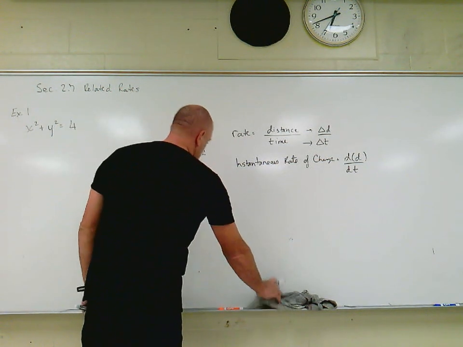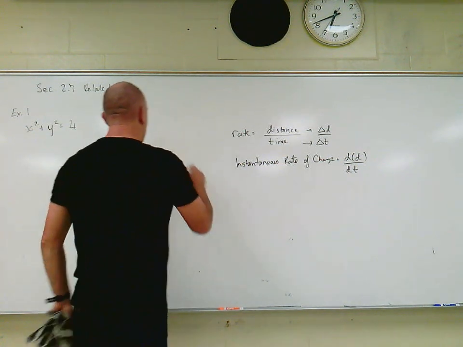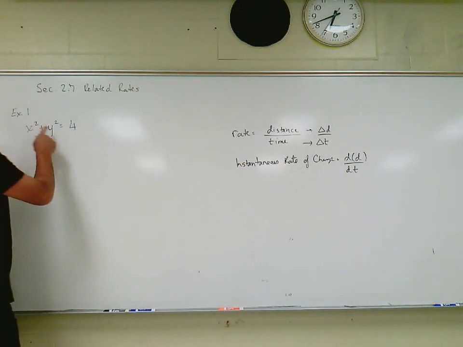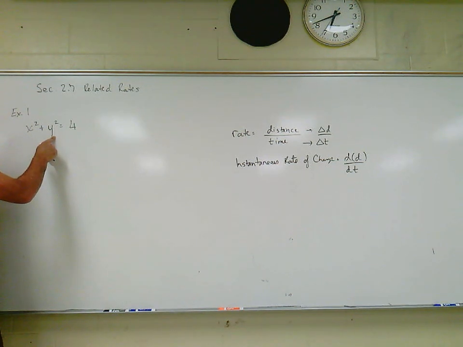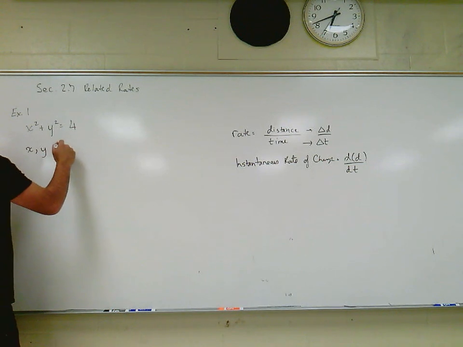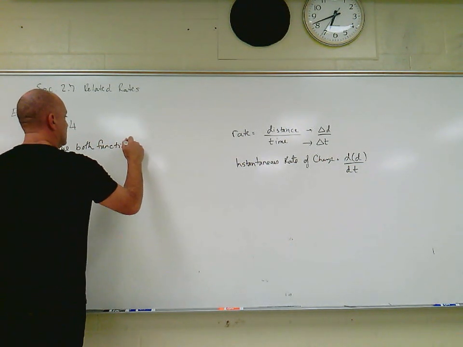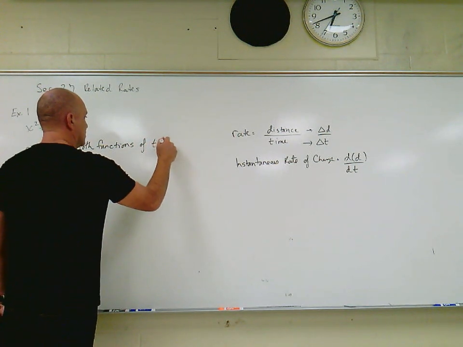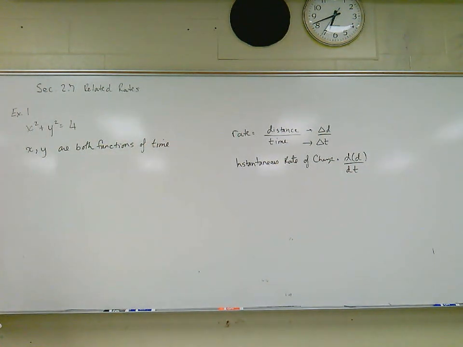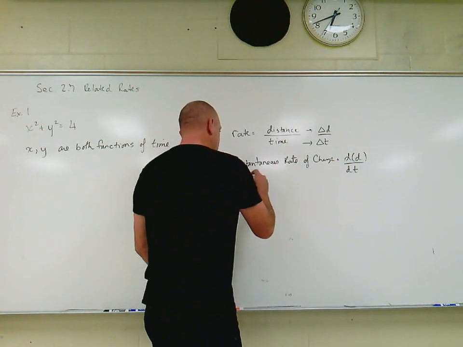So my point is, if we're looking at some point on a circle moving at a certain speed, the point on the circle is not a function of y. The x and y on that circle are both functions of time. Think about when we normally take a derivative, what is it?